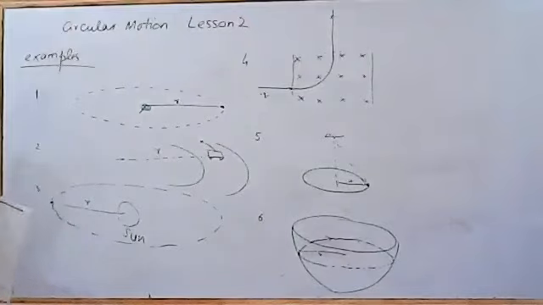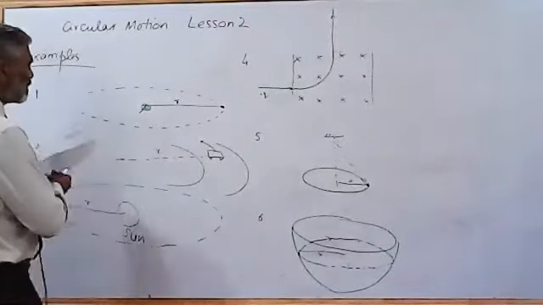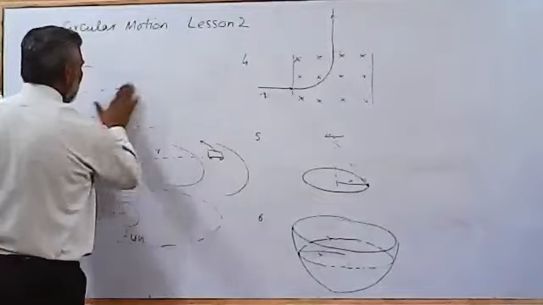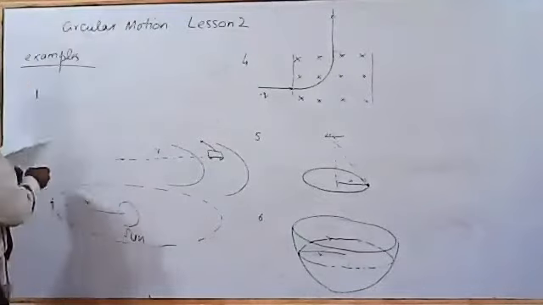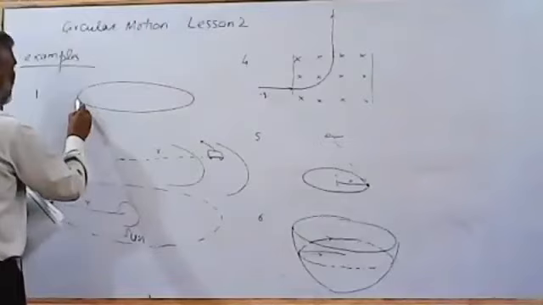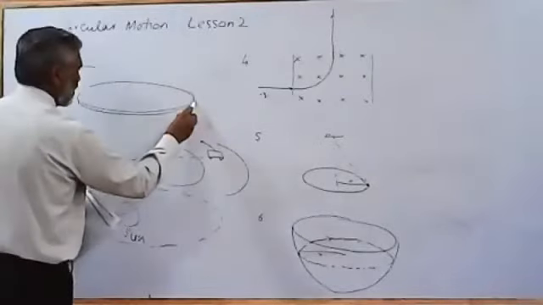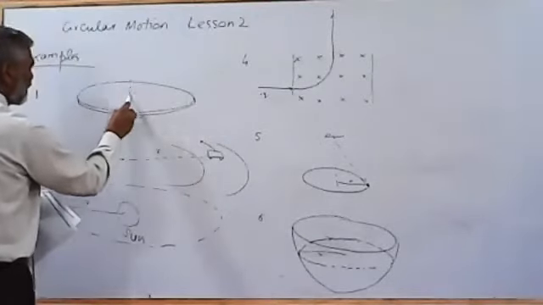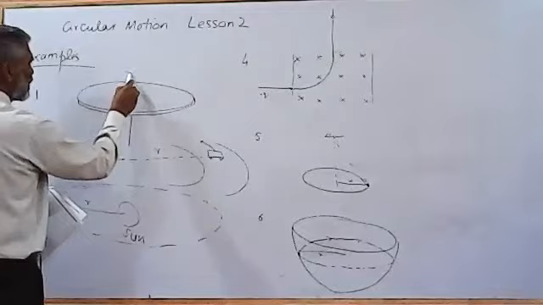Similarly, another simple example was that of a coin. For example, this is a disc, and this is the axis about which it is rotating.